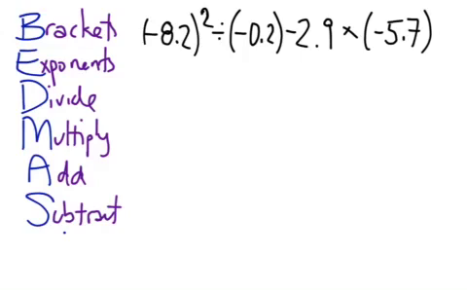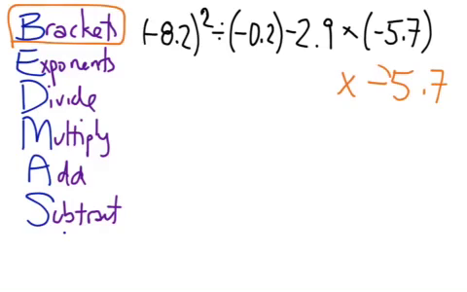Okay, first up, BEDMAS. We want to look and see if there's any brackets in here. And there's lots of brackets, but keep in mind that negative numbers are usually kept in brackets just for identification purposes, so you're really aware that it's a negative number. Because if I had times negative 5.7, it just looks kind of weird. Actually, I think they do it because that looks like a subtraction sign, right?